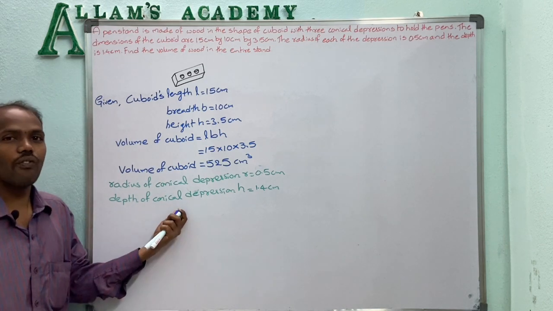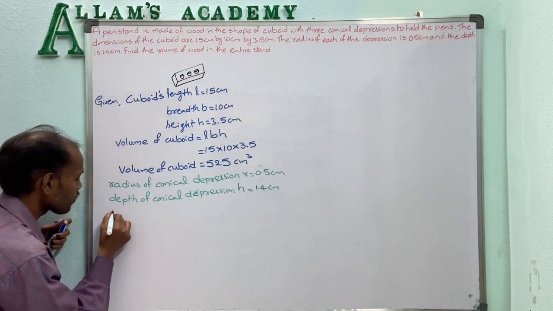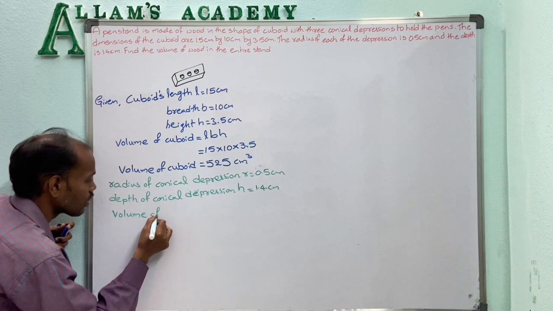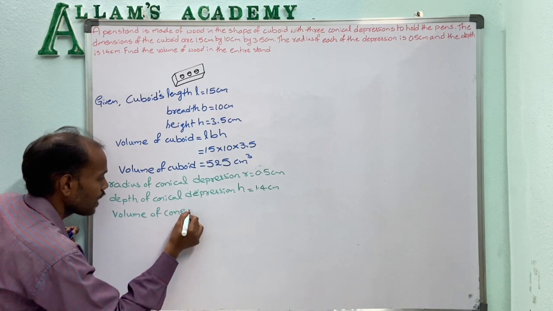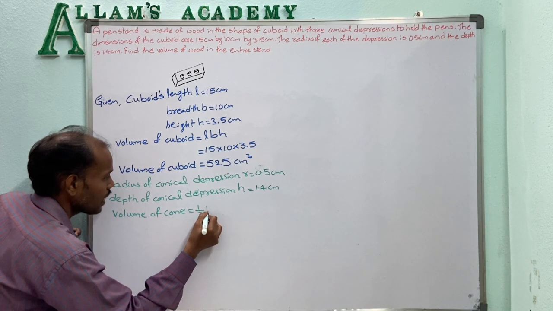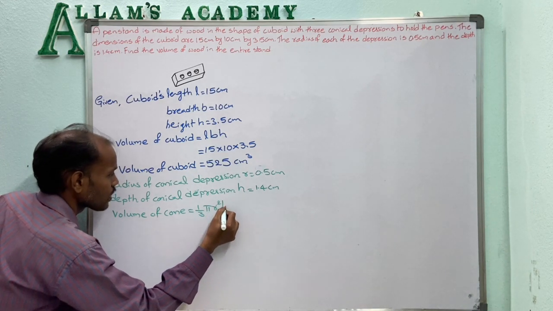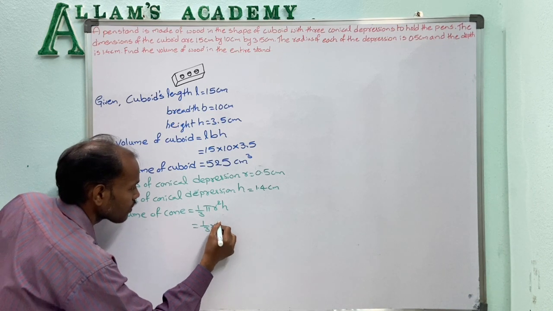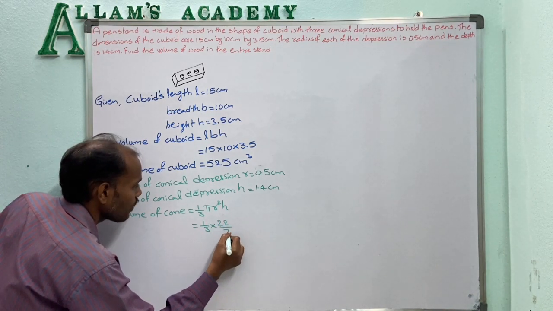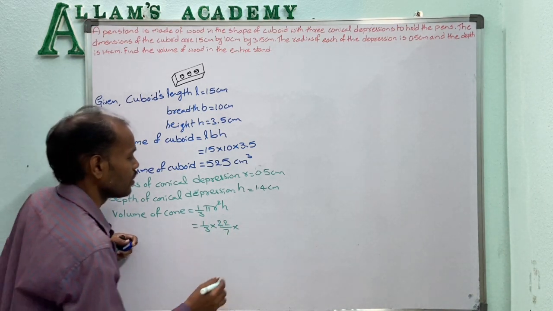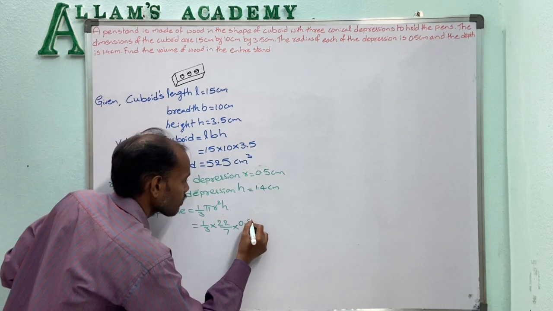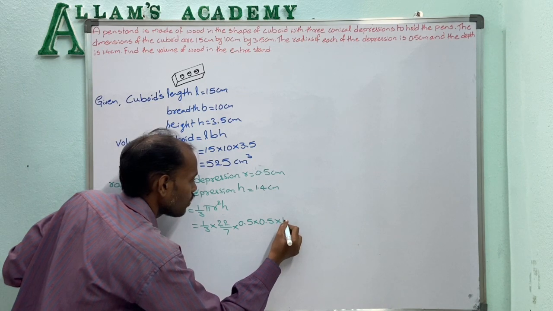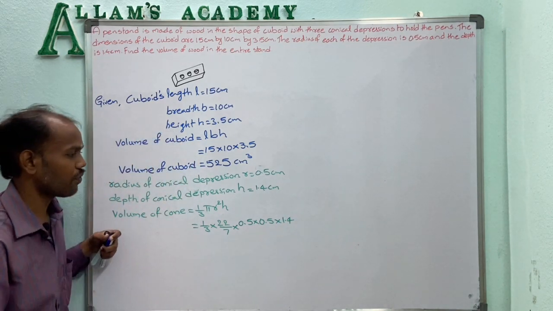Now finding the volume of the cone. So the volume of the cone is equal to 1 by 3 pi r square h, that is equal to 1 by 3 into pi, 22 by 7, into the r value, that is 0.5 into 0.5, into the h value 1.4.